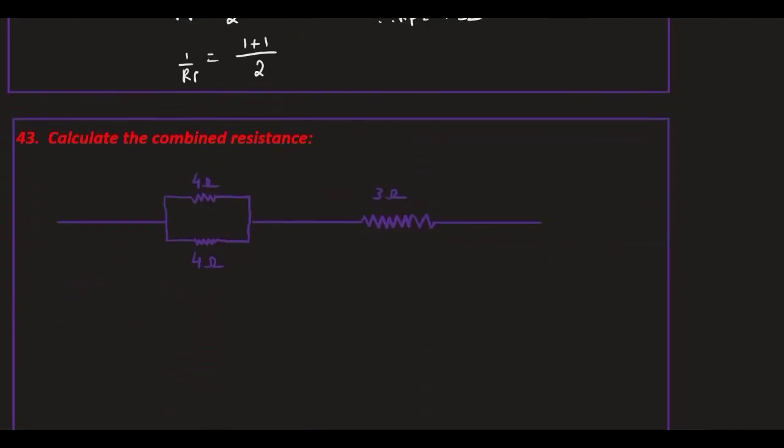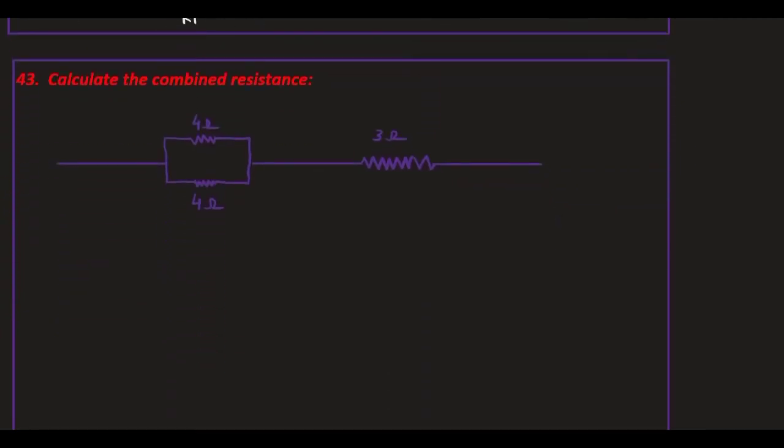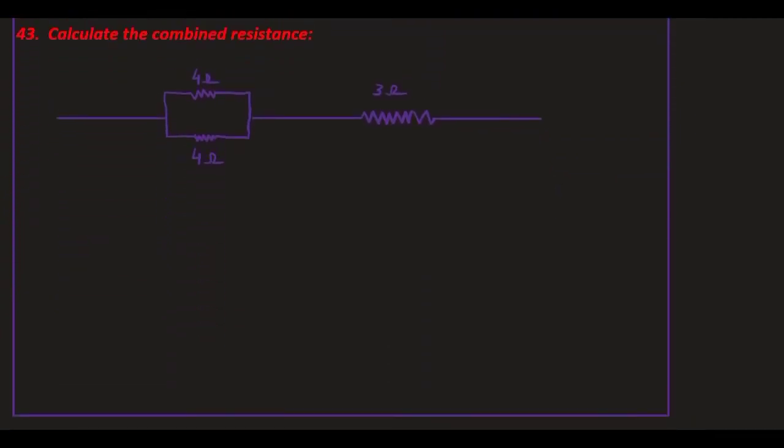Let us solve the next problem. Calculate the combined resistance for the given circuit diagram. Here three resistors R1, R2 and R3 are given. R1 is equal to 4 ohm, R2 is equal to 4 ohm and R3 is 3 ohm.